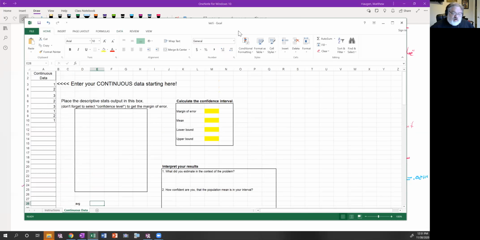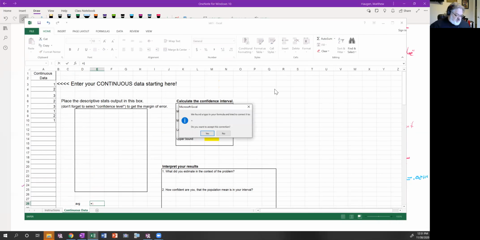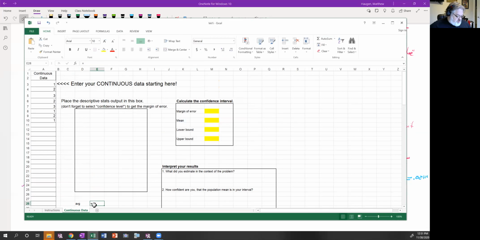So, I want the average, which I could type if my keyboard was closer. Okay, fine, be that way, I'll just type it. Average of that data.